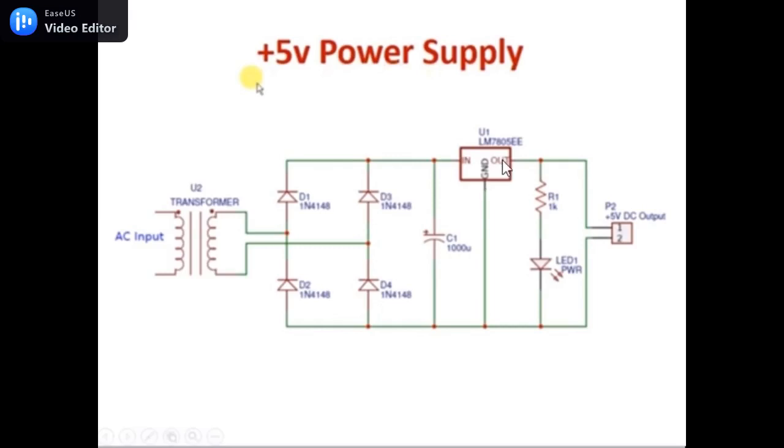Okay, coming to the third pin of this voltage regulator, the third pin is the output pin, which provides the regulated output, and the output will be 5 volts because here we are using a 7805 voltage regulator. 78 represents the series of this voltage regulator, and 05 represents the output voltage of this voltage regulator.